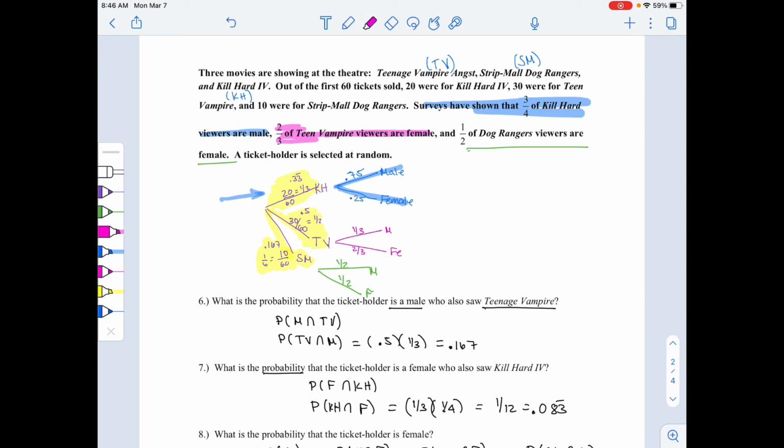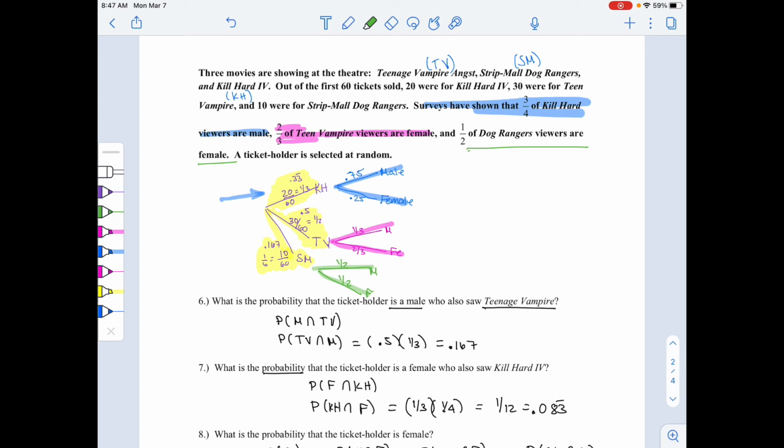Next, it said 2/3 of teen vampire viewers are female. That means 1/3 is male. And half of the dog rangers are female, so half are male and half are female.